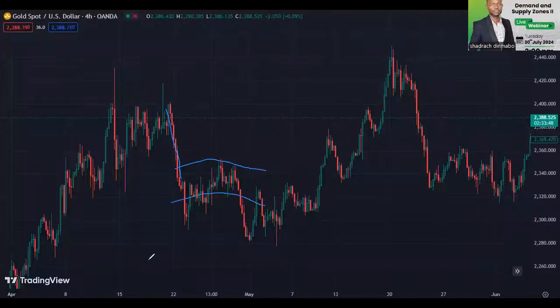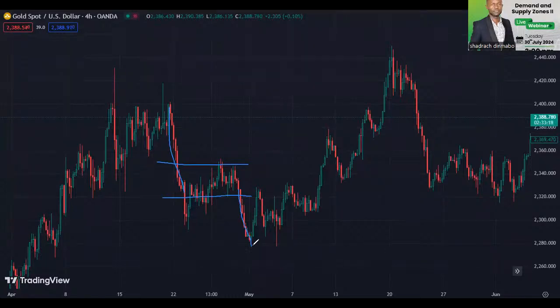Sorry for my drawing. So we have a drop, then there's a base point, and then what? A drop. So that's it about the drop base drop.